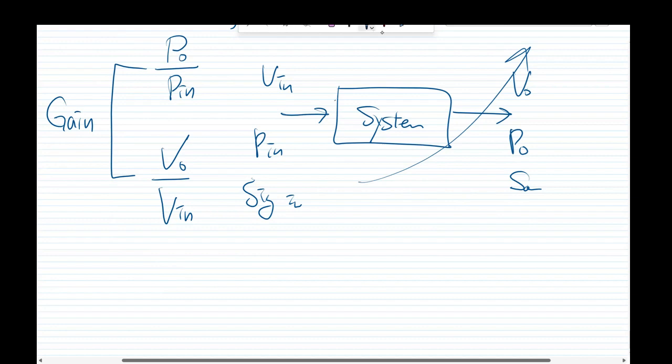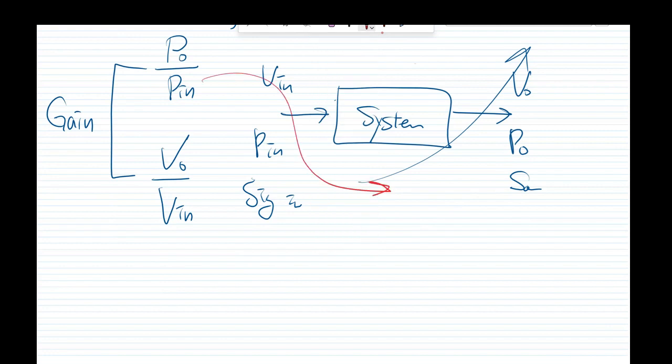For the power case, it is 10 times log 10 of P out over P in. That is the dB for the power gain.